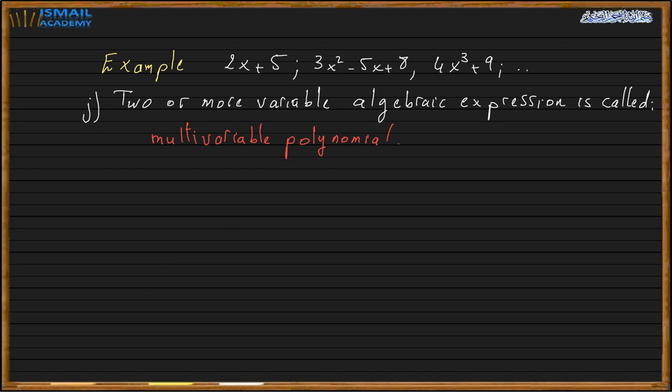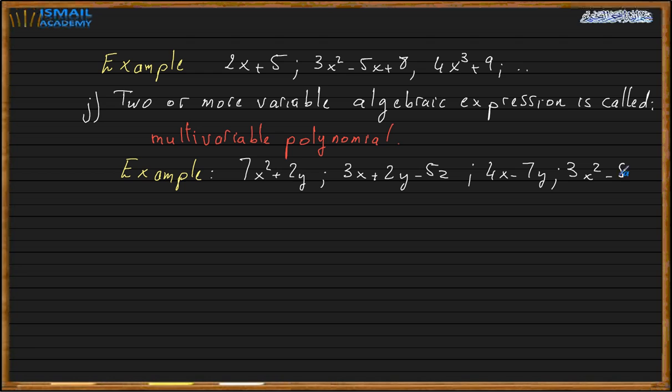Let me give examples of a multivariable polynomial, like the equation of the circle or a plane. For example, 7x squared plus 2y, 3x plus 2y minus 5z, 4x minus 7y, 3x squared minus 5y squared, and so on. So those are examples of multivariable polynomial.